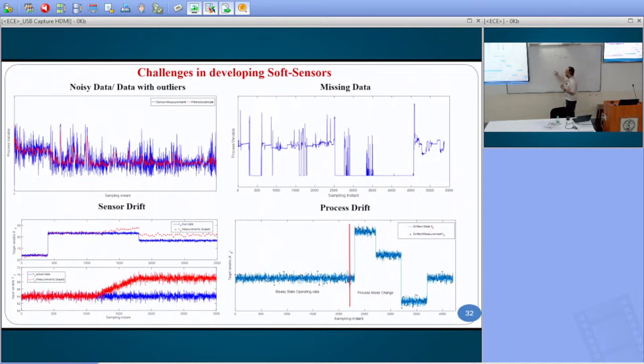Initially, let's suppose this is the actual true plant data, and your predictions are showing somewhere here. As and when you get this measurement data, this error is there.